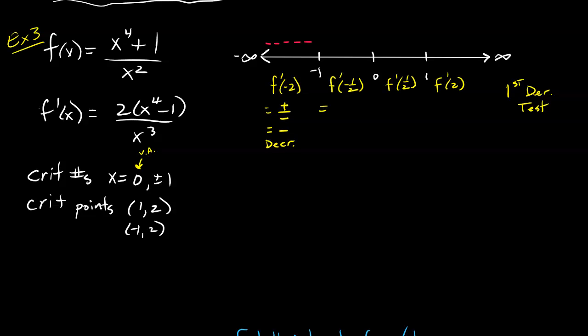Minus 1 would be a negative number. Times 2 would still be negative on the top of the fraction. On the bottom of the fraction, negative 1/2 cubed would still be negative. So I would end up with a positive slope, which would be an increasing section. So this whole section is increasing.